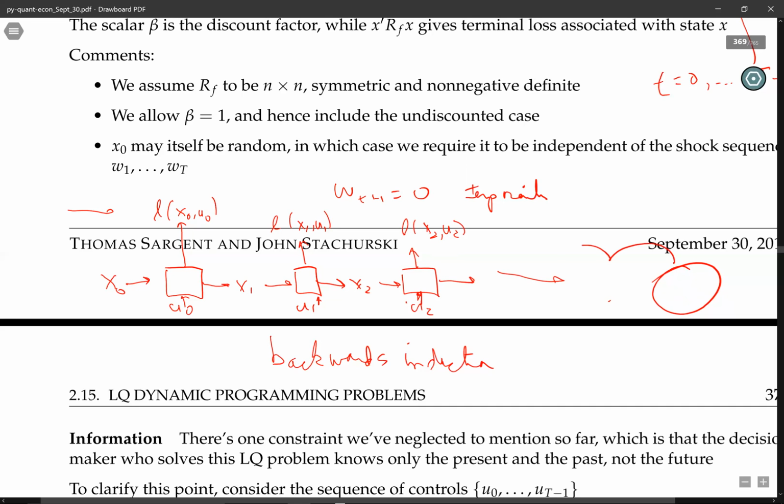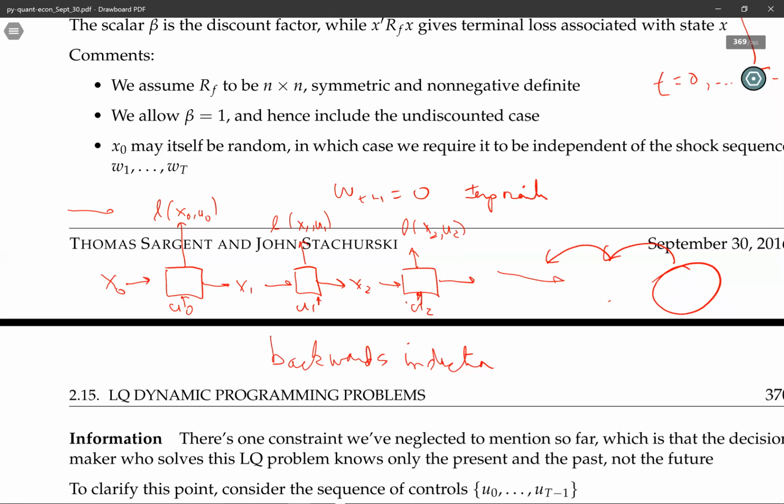So you can solve the problem going backwards in time. And that converts one big problem into a whole bunch of little ones.